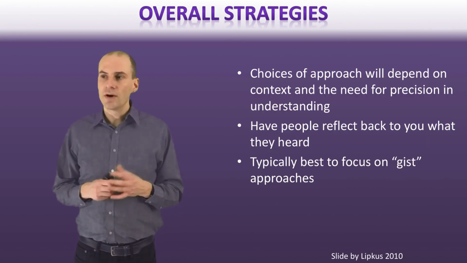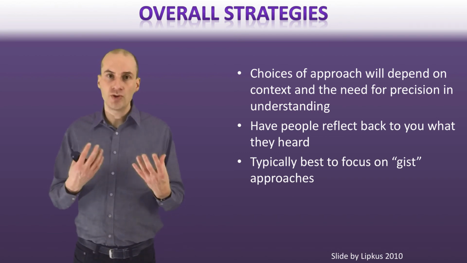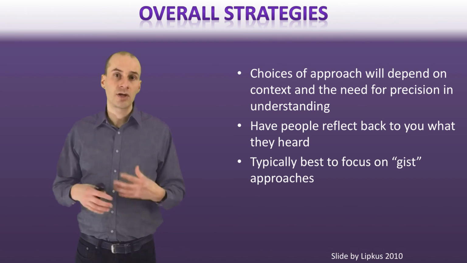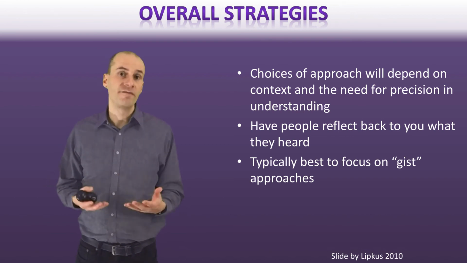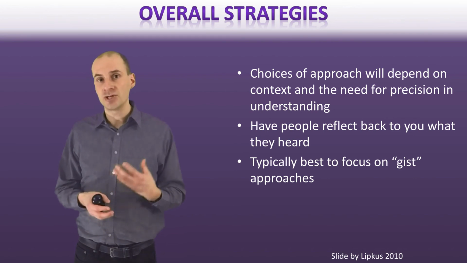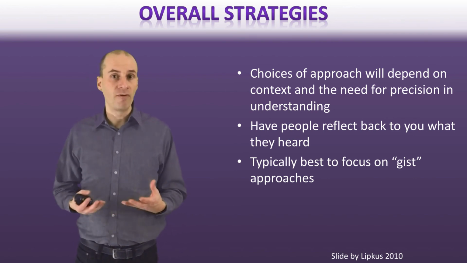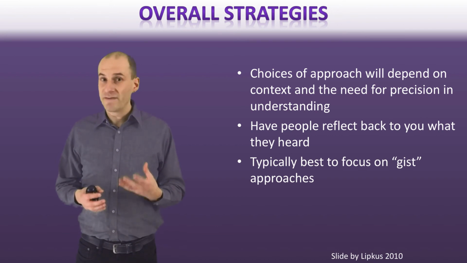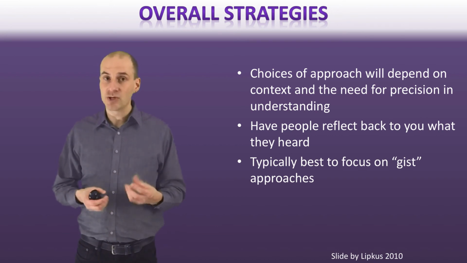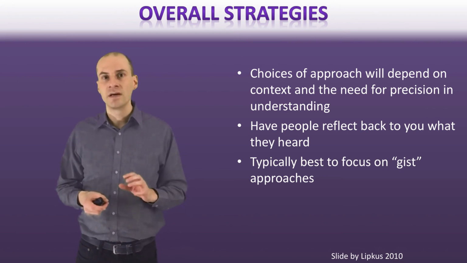All right. So again, how you choose to communicate risk information is going to vary depending on what your needs are, right? How precise do they need to understand this information? So if you're talking about the surgery example before, well, if someone really might die from having a surgery, you probably want them to have a pretty precise understanding that this is a risk.